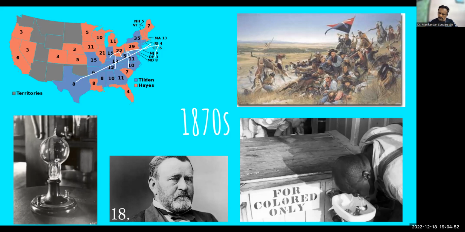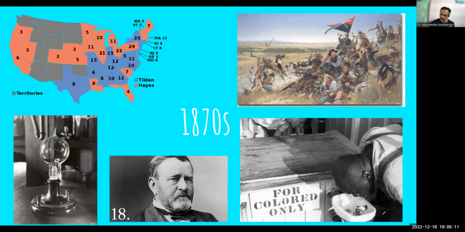All these Union troops that were there enforcing these laws for black people had to leave, and with them leaving, equality for African Americans also went down. Segregation started in this era.